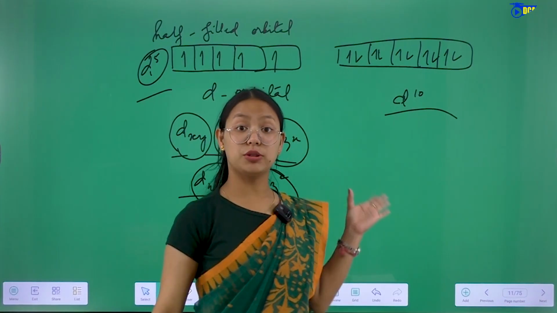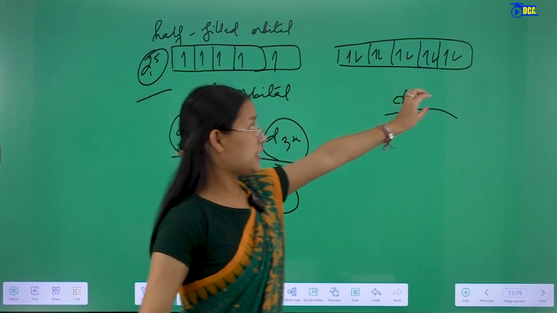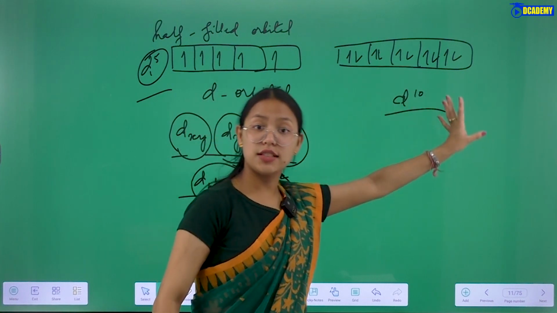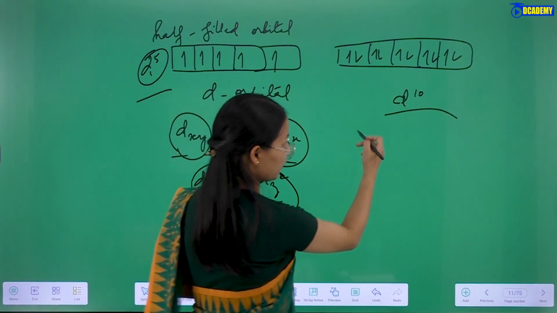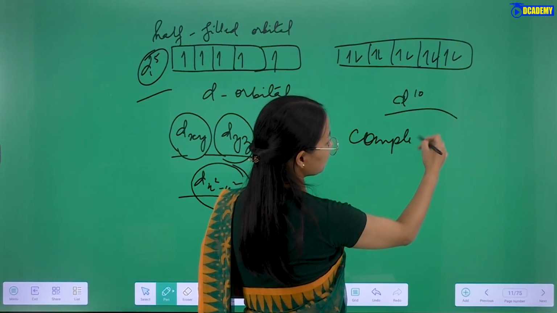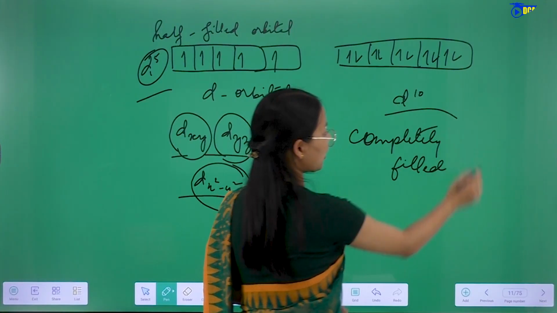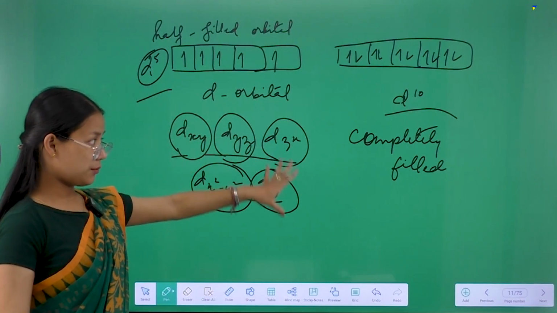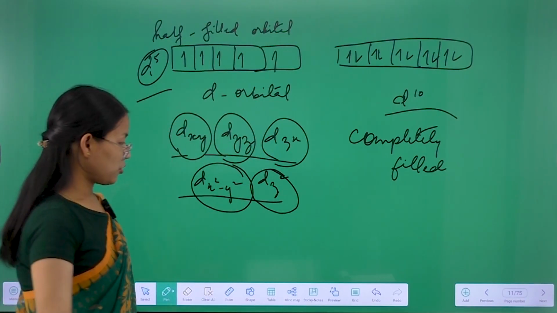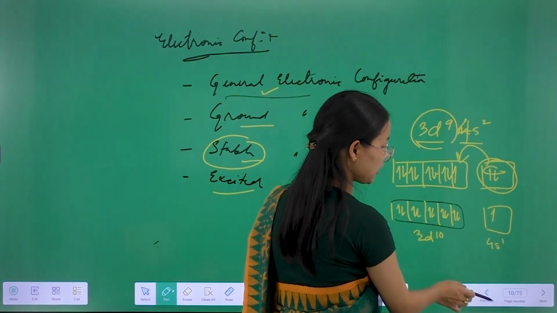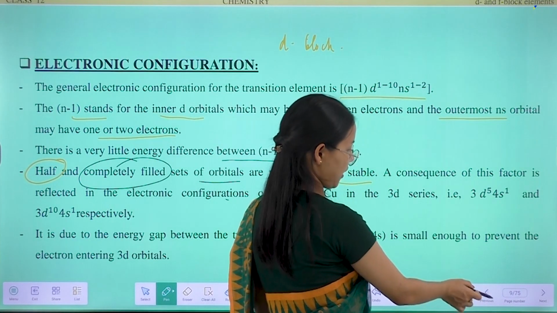With d10, the electrons completely fill the orbitals. So completely filled and half filled are the most stable.